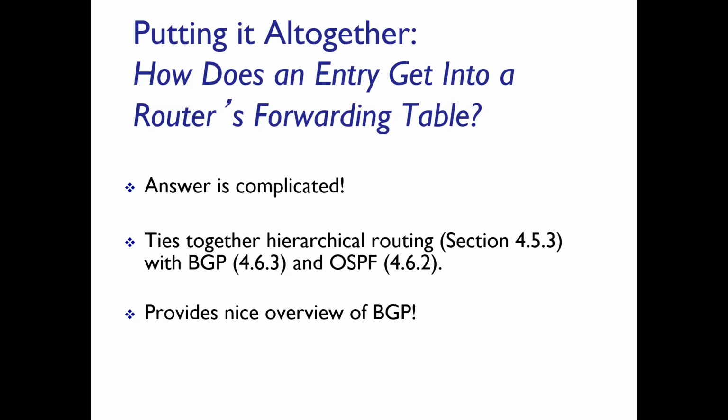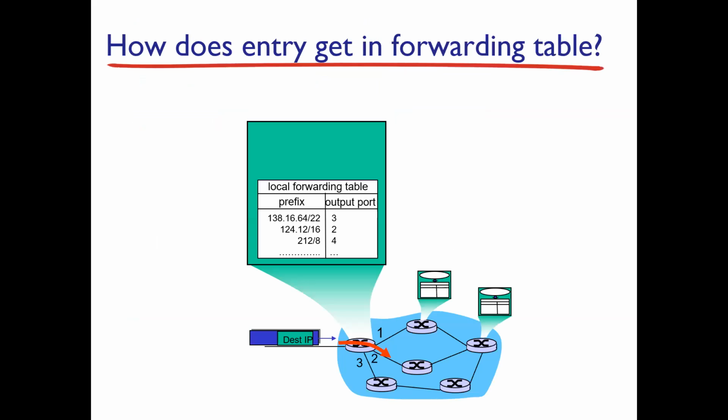So then putting it all together, how does an entry get into a router's forwarding table? Well, you need to tie together both hierarchical routing as well as BGP and OSPF. And this, of course, is interesting. So here's an example: how does this entry get into the forwarding table? Notice the entries that you have in the forwarding table are for this prefix, or in other words, for this range of addresses, the next hop is going to be output port 3.